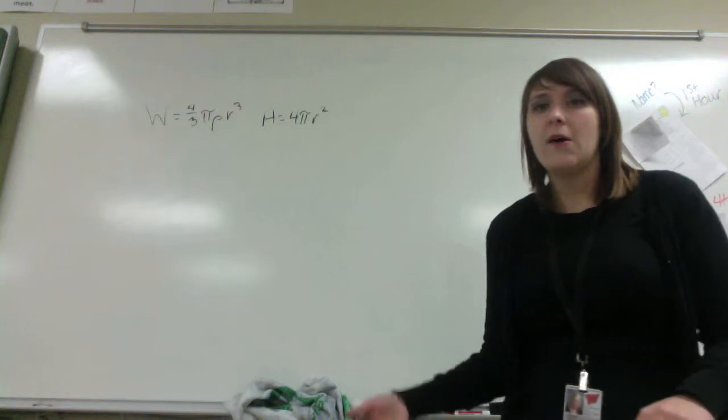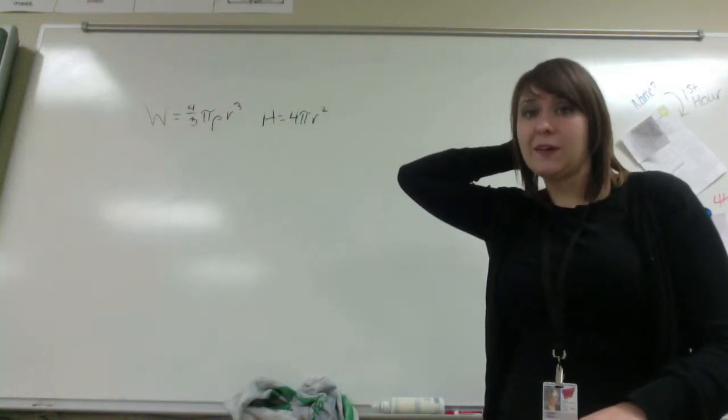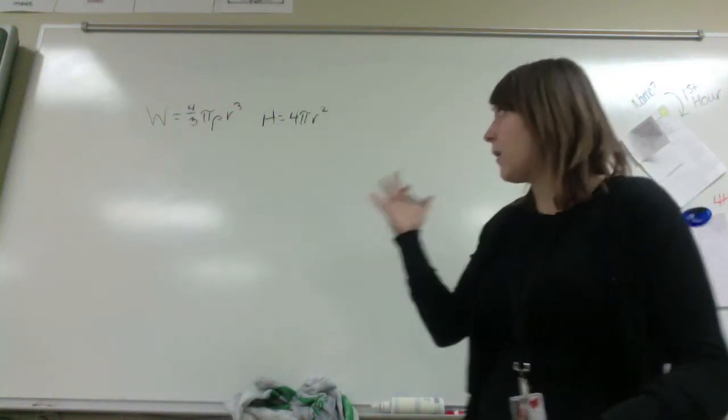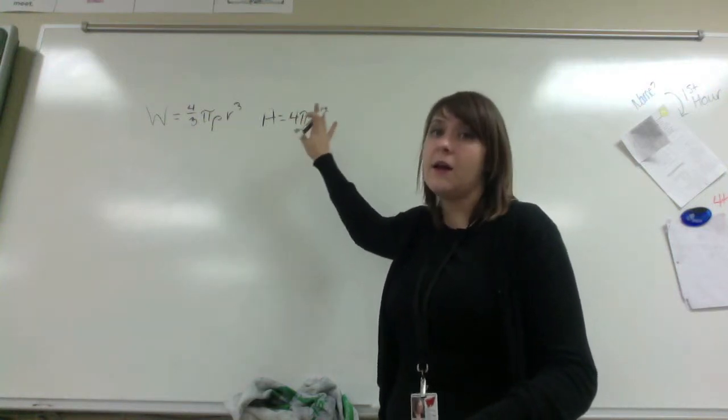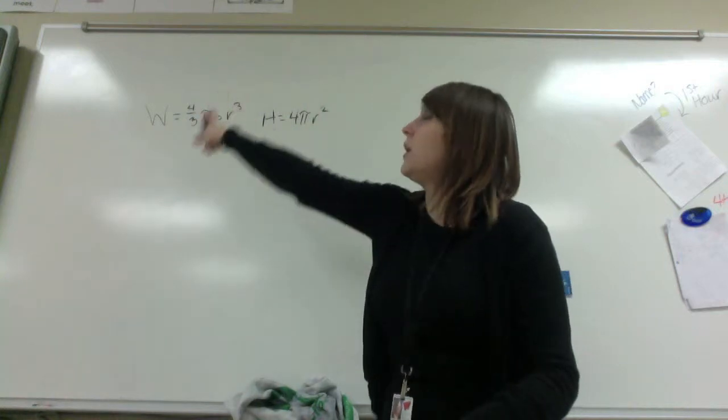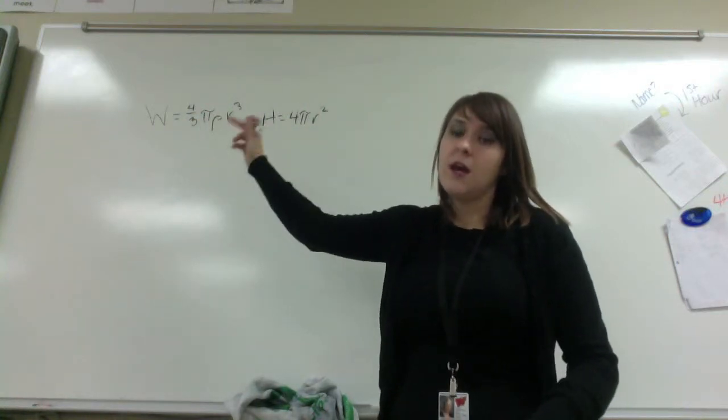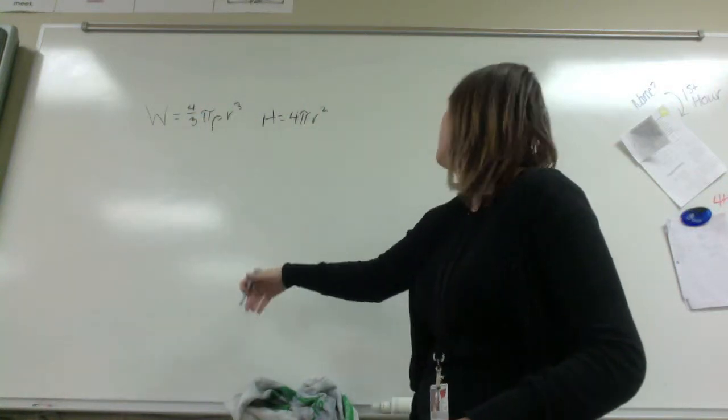So the problem right now is that I can't just plug anything in because I don't know what r is. So what I'm going to do is take this A and solve for r so that I can plug it into the other equation and get that in terms of A.